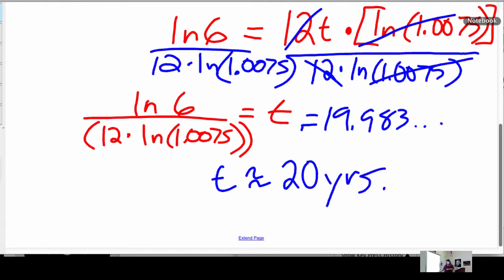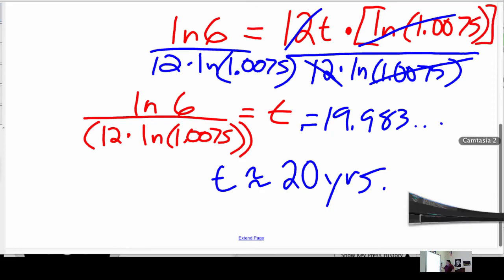So in regular English, if you take $500 and you put it in an interest-bearing account at 9%, which by the way is phenomenal, and it's compounded monthly over 20 years, you'll go from $500 to $3,000. Does that make sense? Okay. Any questions? No?